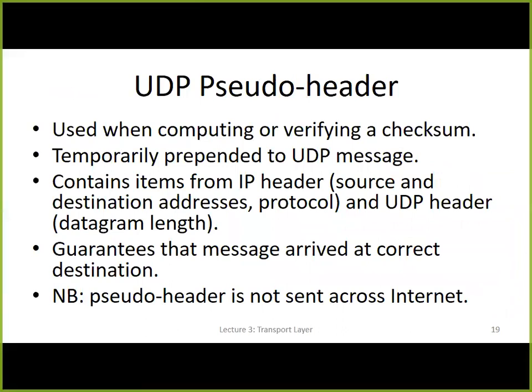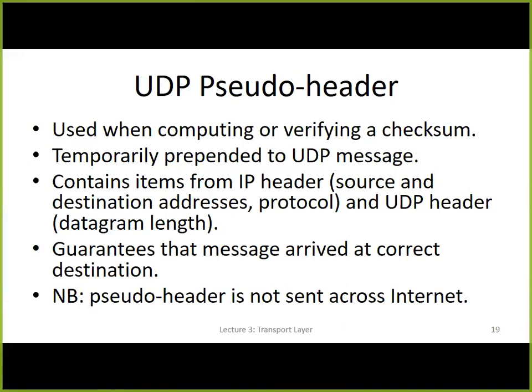Remember, every transport layer protocol is uniquely identified by a number. What's the protocol number for TCP? It's 6, actually.